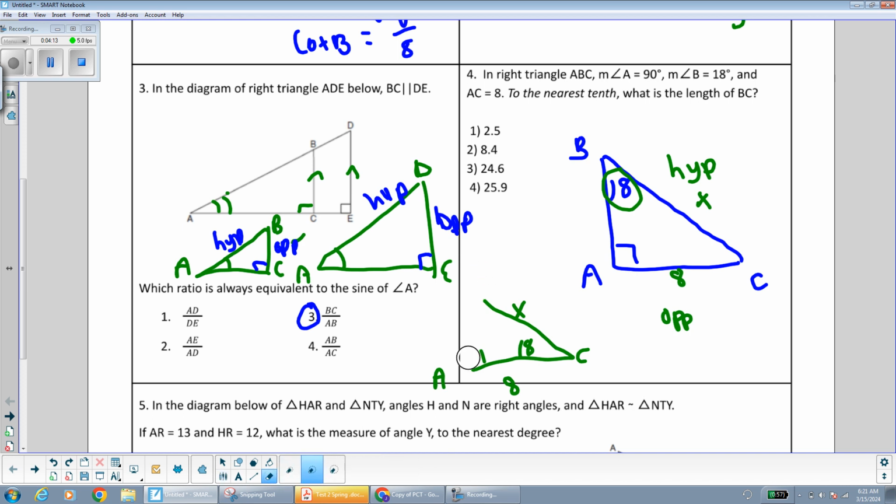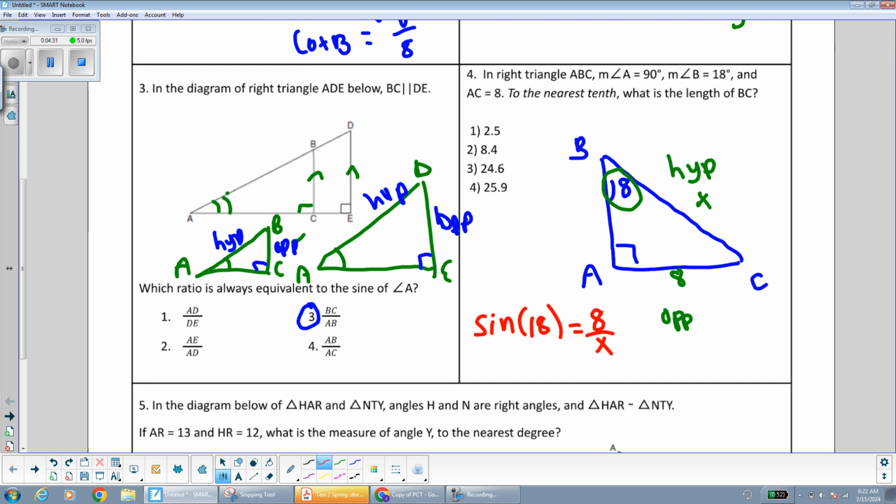So the trig ratio depends on where you put the focus angle. Based on where I put my focus angle in the triangle, that's going to be sine. So sine of the 18-degree angle equals opposite over hypotenuse.